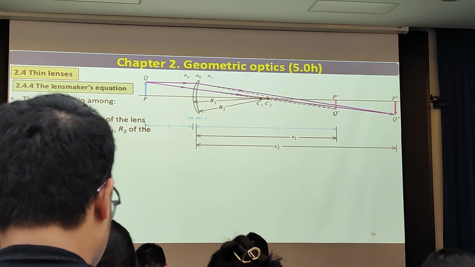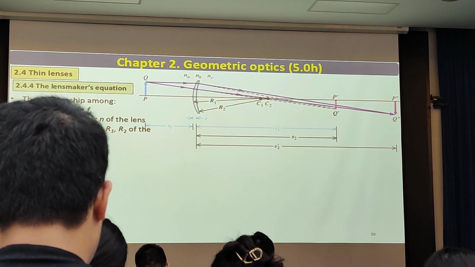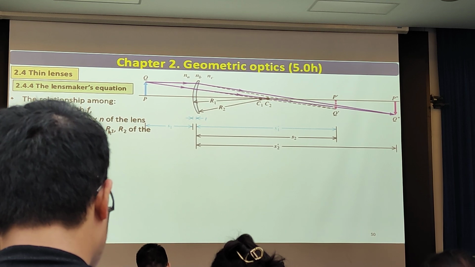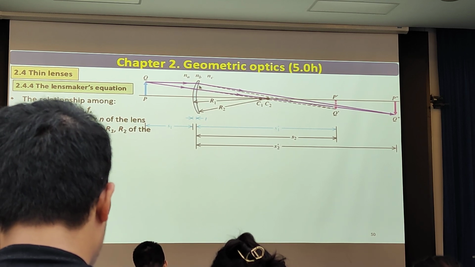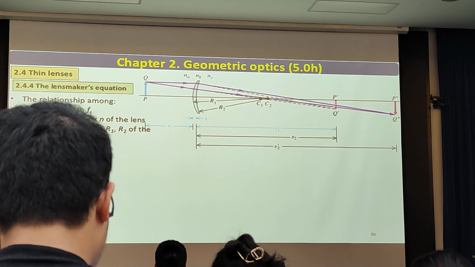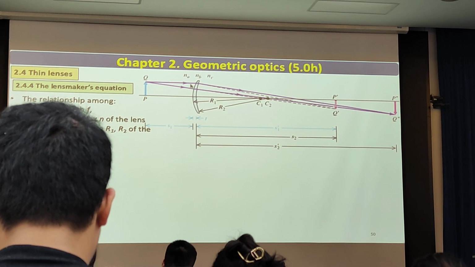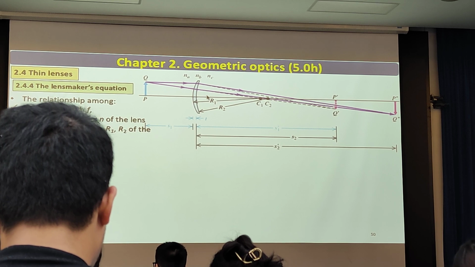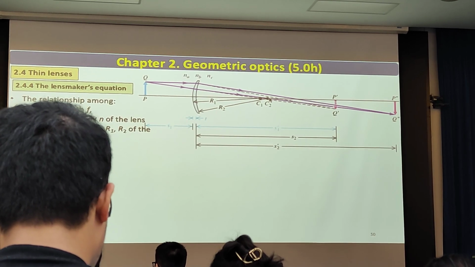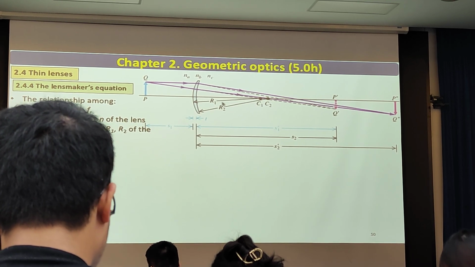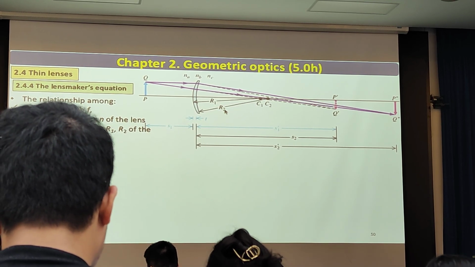Here we go. We will find the relationship among the focal length F, the refractive index N of the lens, and the radii. So we have two spherical surfaces, with radii of curvature R1 and R2 of the lens surfaces. You have C1 and C2, the centers of curvature of the two refracting surfaces, and you plot R1 and R2 here.